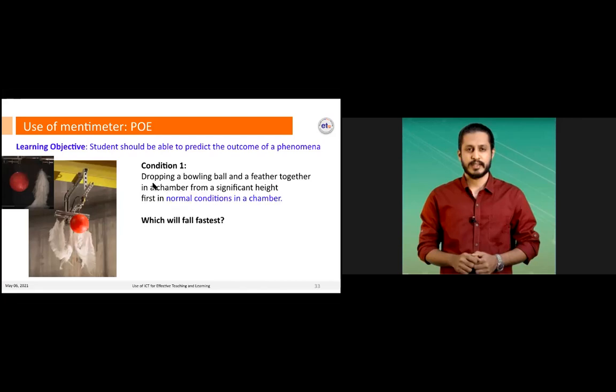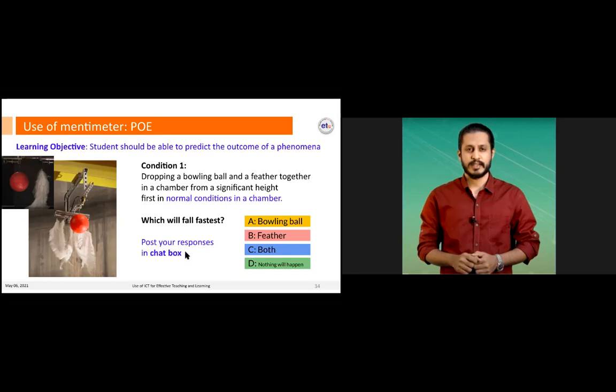The condition is dropping this bowling ball and a feather together in a chamber from a significant height under normal conditions. Which will fall fastest? There are four options: bowling ball, feather, both, or nothing will happen.